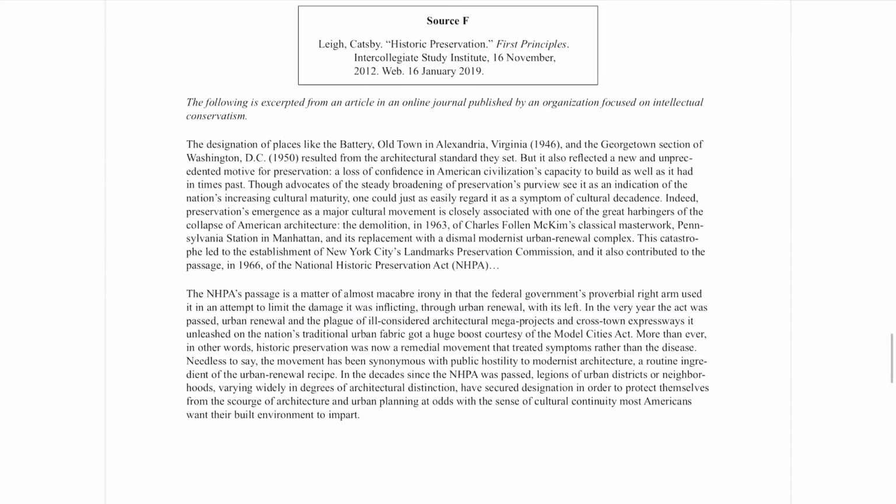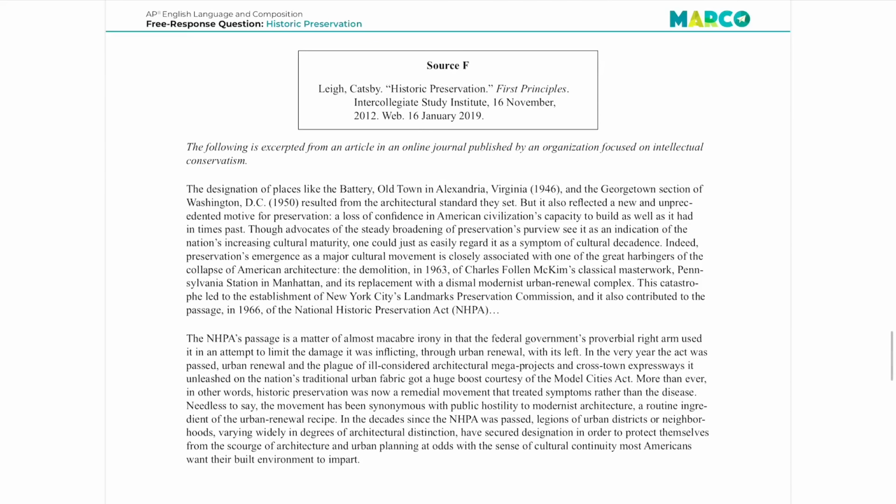And now I'm going to go down to source F. I'm staying within time. It's Catesby Lee, Historic Preservation from First Principles. The following is excerpted from an article in an online journal published by an organization focused on intellectual conservatism. Okay, so they start with some examples here.